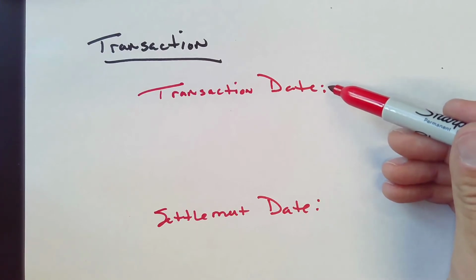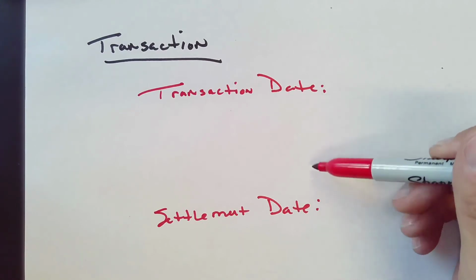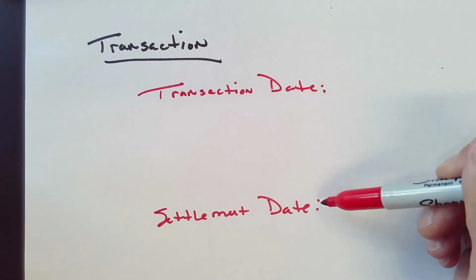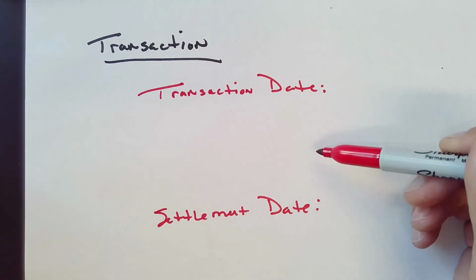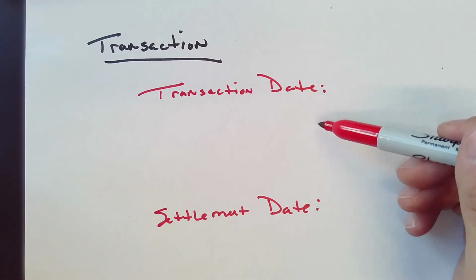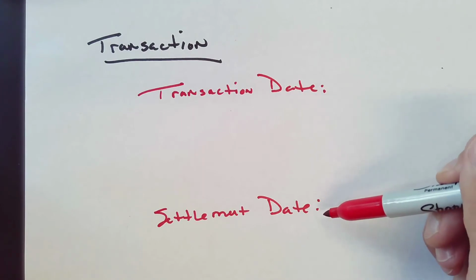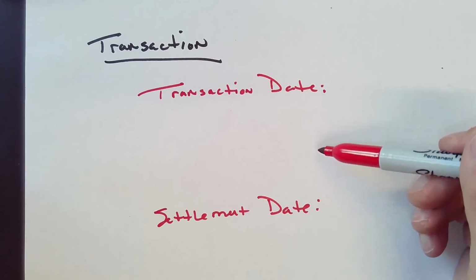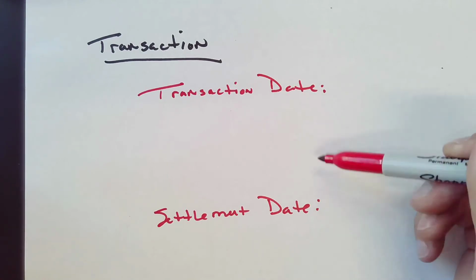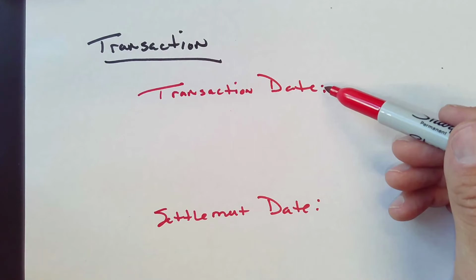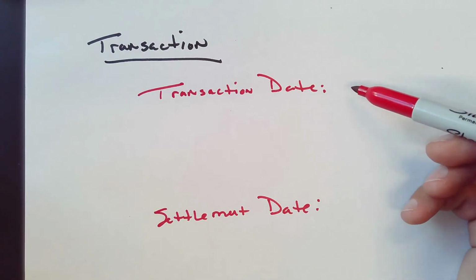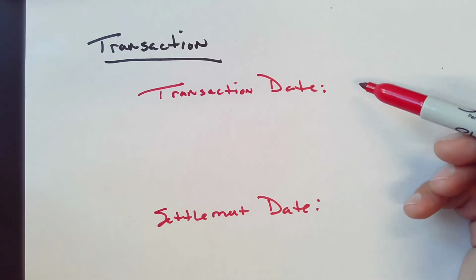Now, for the most part, there is going to be some space between transaction date and settlement date. If it's a week apart, 2 weeks apart, it's not going to have any effect on what I'm doing. Because if I agreed to a certain amount of money in yen on this day, whatever the US dollar equivalent is, that's what I think I'm going to get.